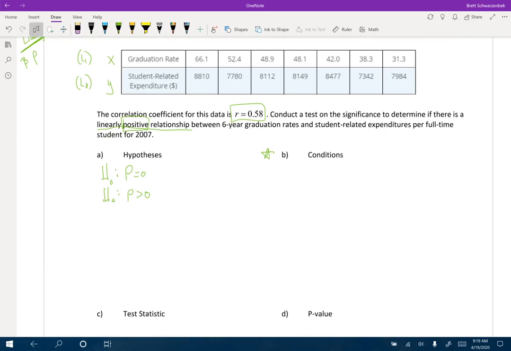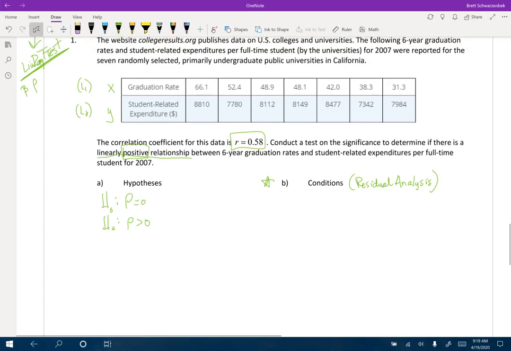So remember, we are dealing with the residual analysis. This is a really good chance right now, if you have been studying and you know your stuff, for you to pause the video, maybe even go back into the regression stuff if you have to, and see if you can perform the residual analysis on these two values.